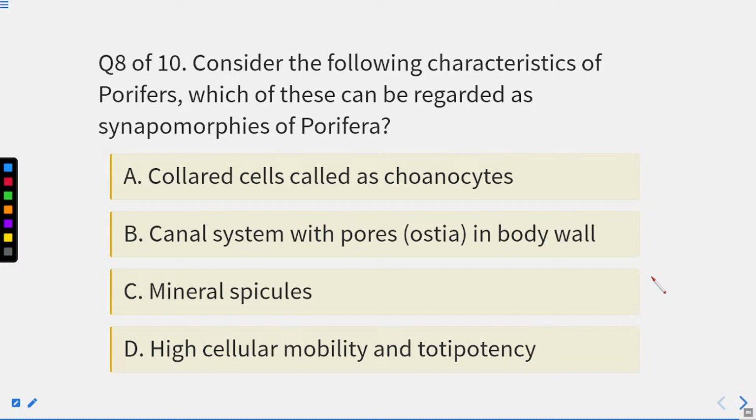A, collared cells called choanocytes; B, canal system with pores, ostia, in the body wall; C, mineral spicules; and D, high cellular mobility and totipotency. Please note down this question.